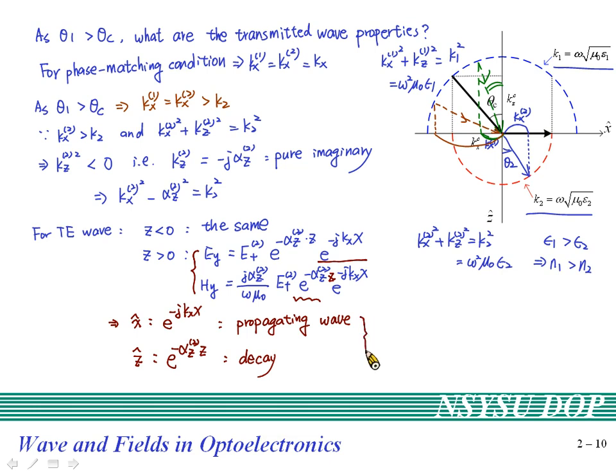Such a wave we call a surface wave, but commonly we call it an evanescent wave.